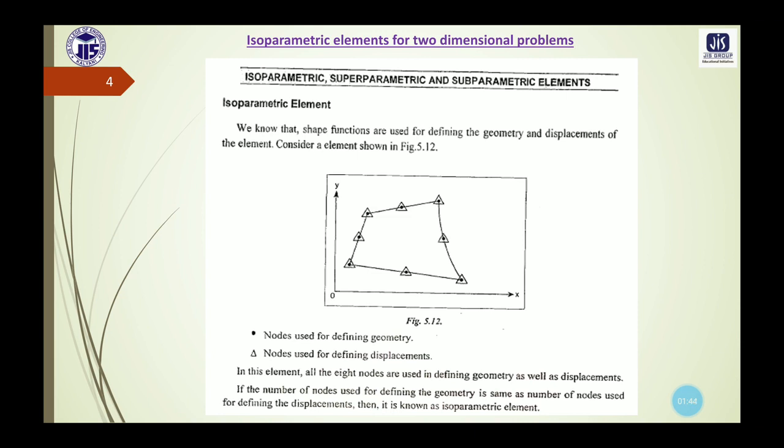So we will start from this slide here, the isoparametric elements for two-dimensional problems. Three different terminologies, isoparametric, superparametric and subparametric elements, we will discuss first.